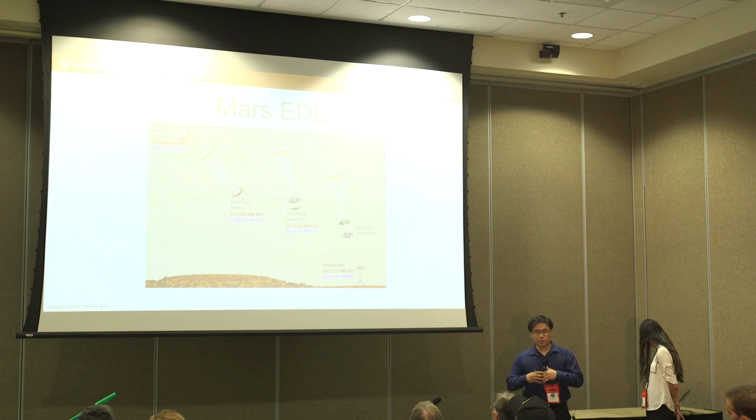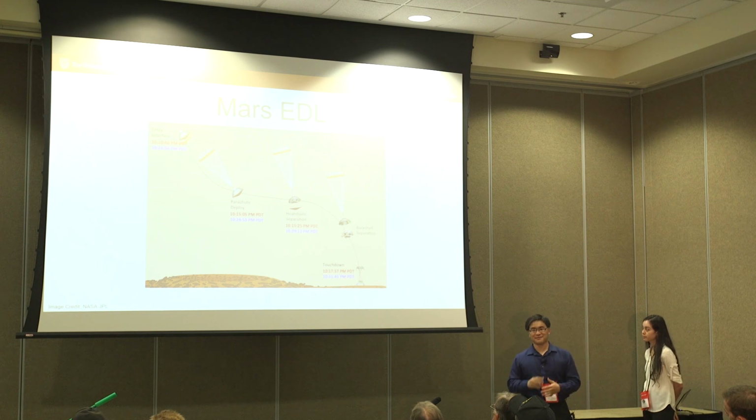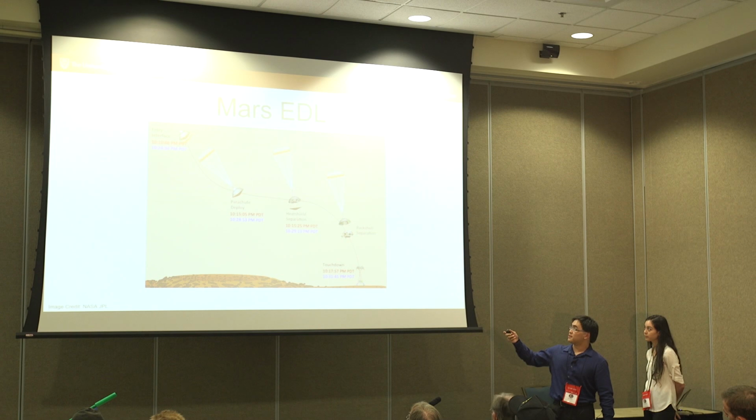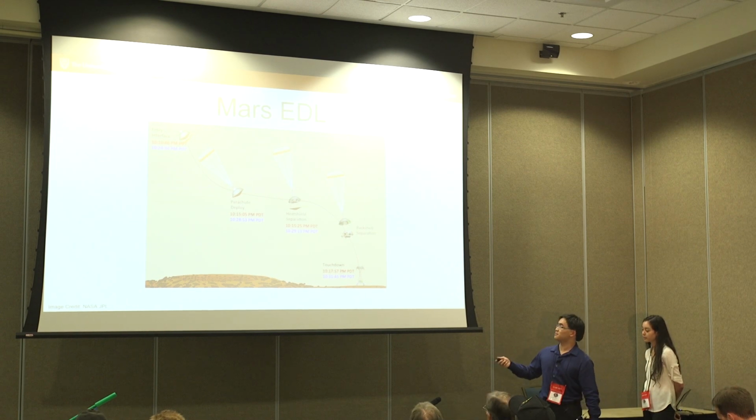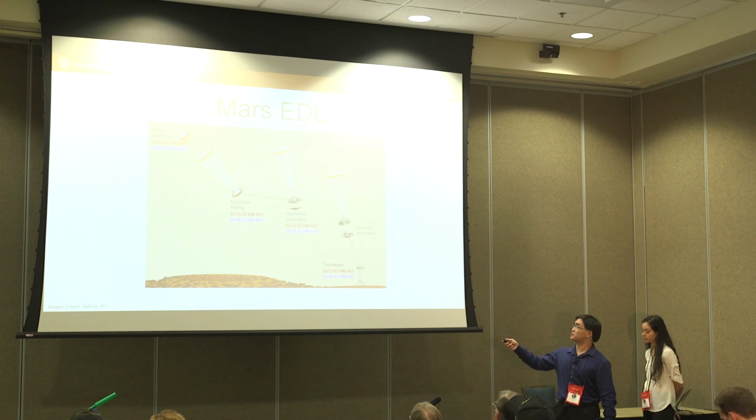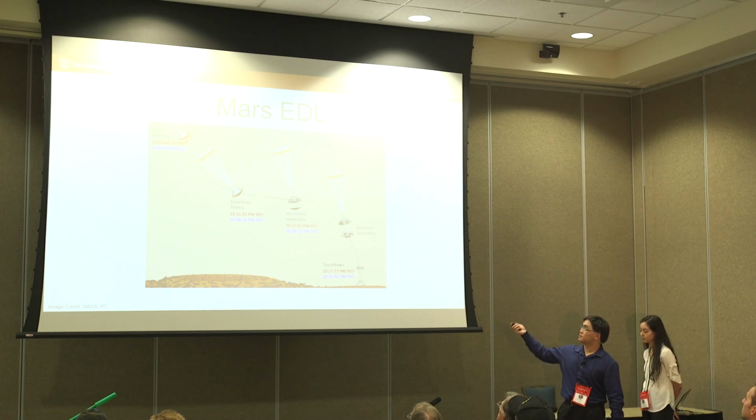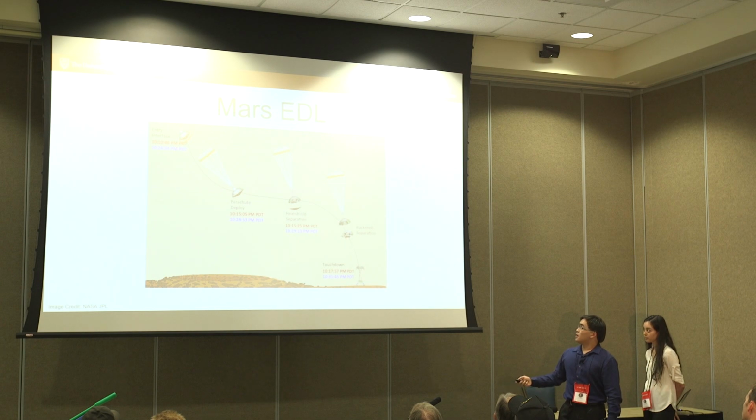Then we wanted to start doing comparisons of EDL processes, and we didn't want to just do hand-wavy stuff and say, oh, this is better. So we went with the traditional Mars entry process, which is a hypersonic entry with parachute deployment at 11 kilometers, and then a final leg of propulsive descent, which is based on MSL.